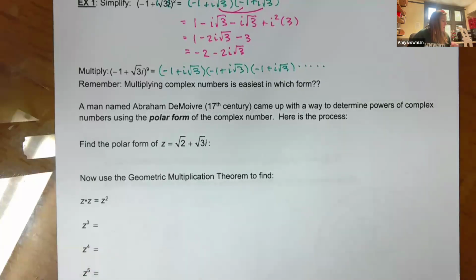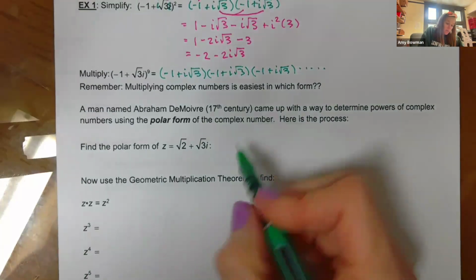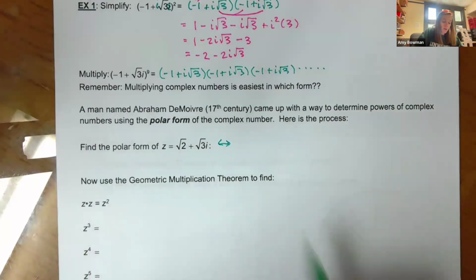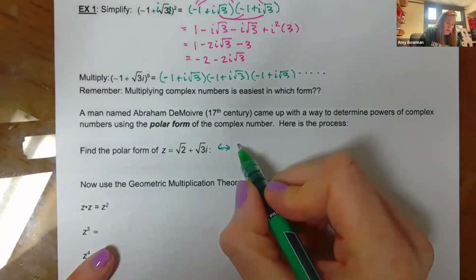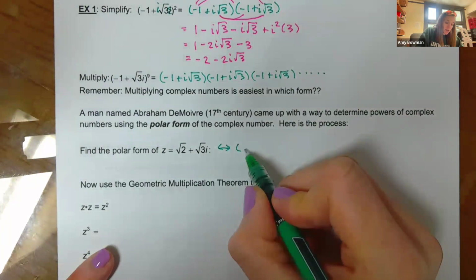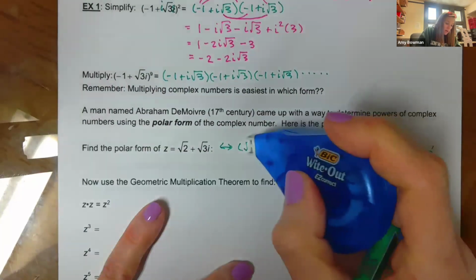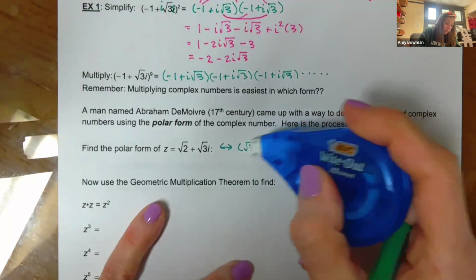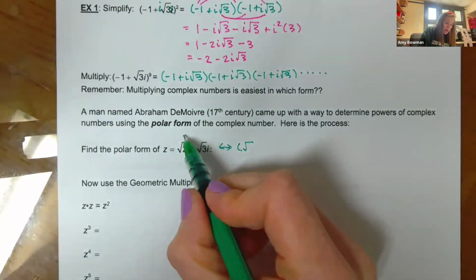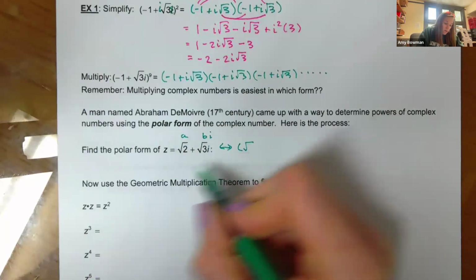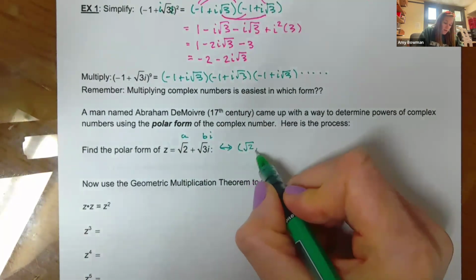Remember last class, we talked about how the middle form between binomial and polar is rectangular. So if we rethink this as the ordered pair √2 comma √3, this is my a and root 3 is my b.